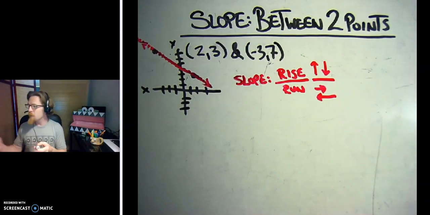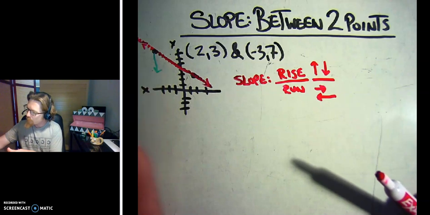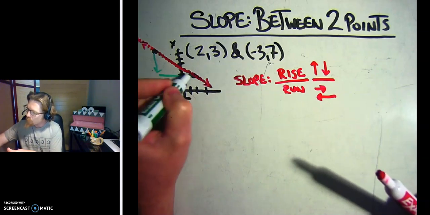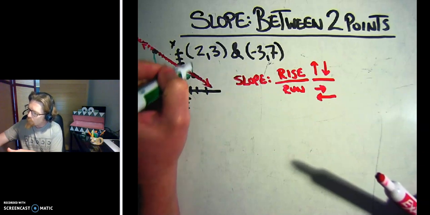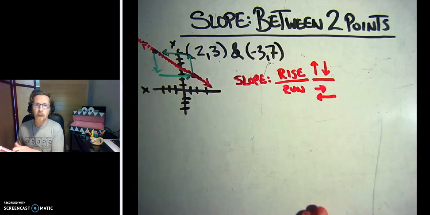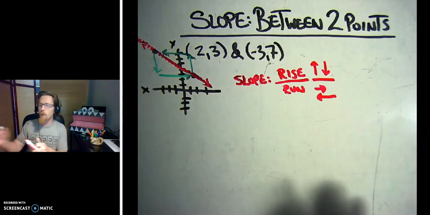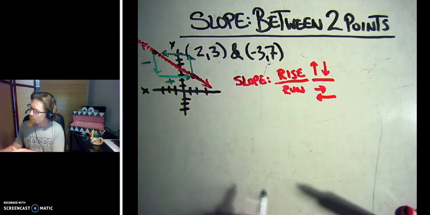Now looking at these points, I notice that to get from the top point to the bottom point, I either have to go down a certain amount and then I have to go right a certain amount, or I can go up a certain amount and I can go left a certain amount. Now if I notice, down is always a negative direction and right is always a positive.